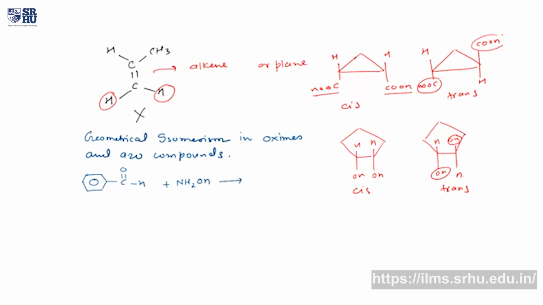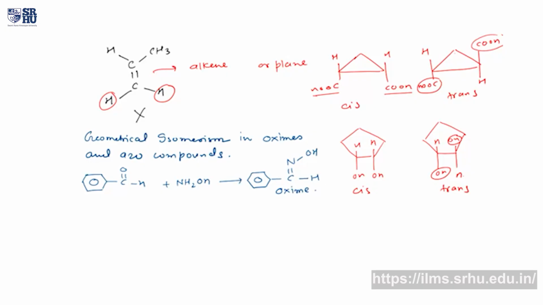When I react with hydroxylamine, a carbon double bond nitrogen is formed, in which nitrogen is attached to a hydroxyl group, and this carbon is attached to the same hydrogen. Now this molecule is called an oxime.